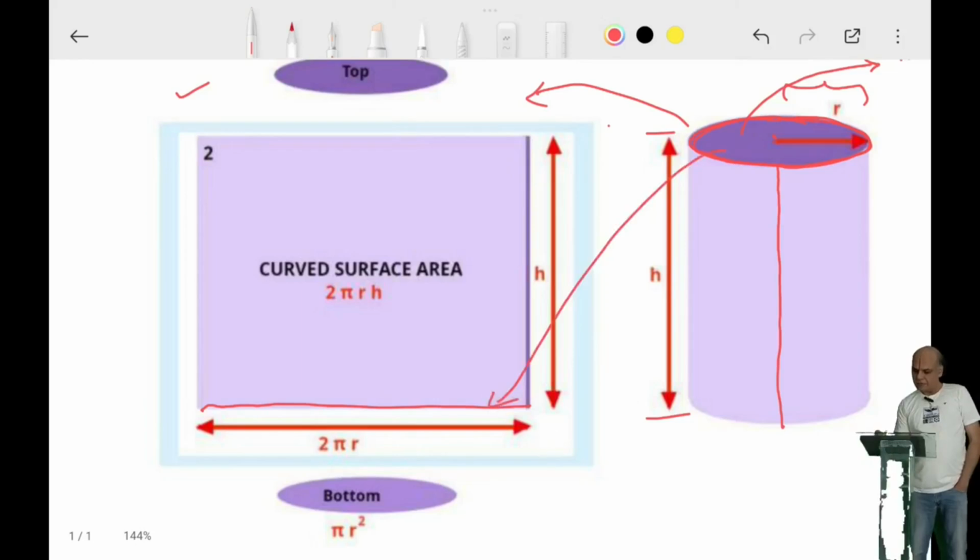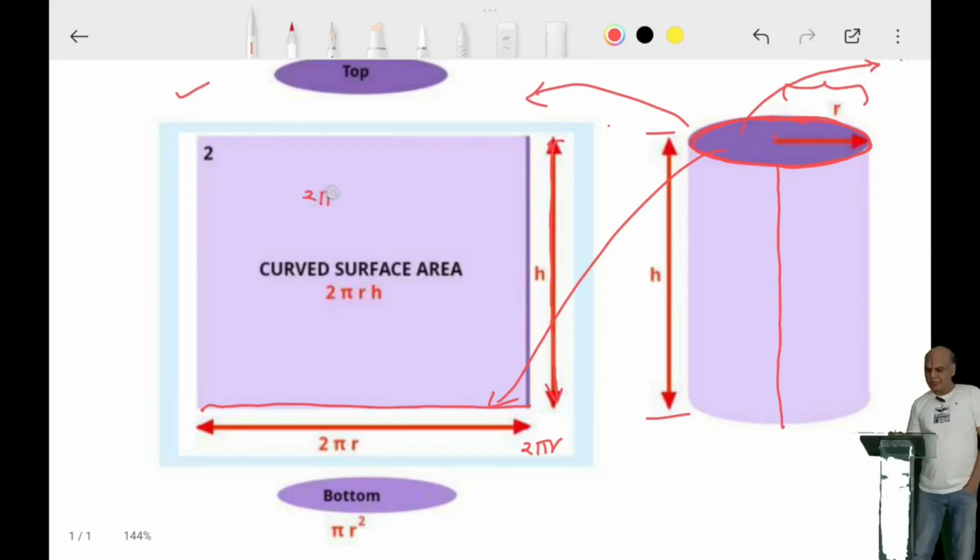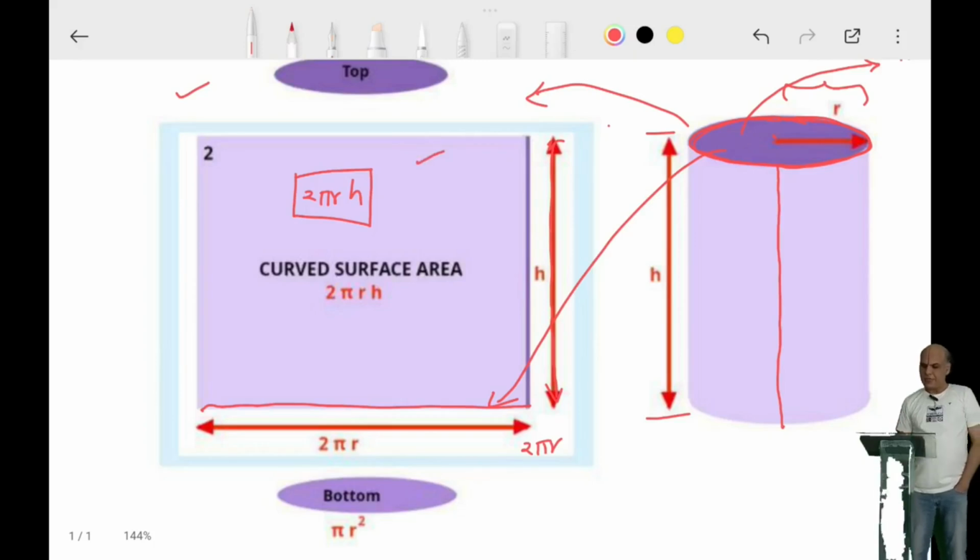That is, when r is the radius, the circumference of a circle is 2 pi r. Then the height of the cylinder would be the breadth of this rectangle. So the area of this rectangle is given by length into breadth. 2 pi r is the length and h would be the breadth. So 2 pi r h would be the area of this rectangle, which is the curved surface area.